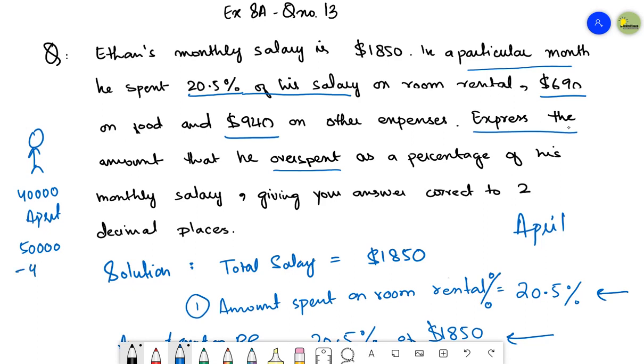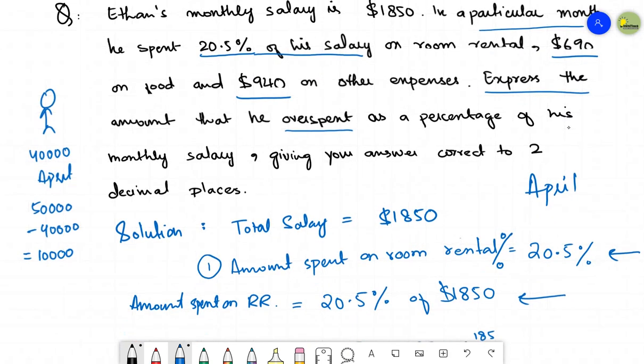The total expenses were 50,000, and when I subtract his salary, 40,000, I will come to know that 10,000 is the amount that was overspent. So overspent money is that which is extra to the salary. Except for your salary, how much money you have spent on your expenses, that amount is the overspend.